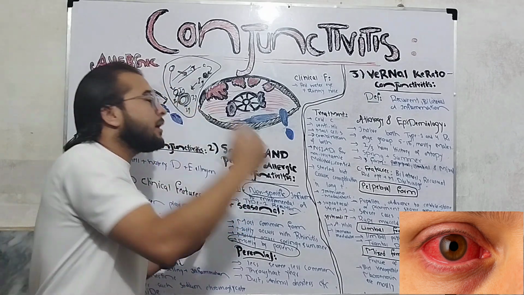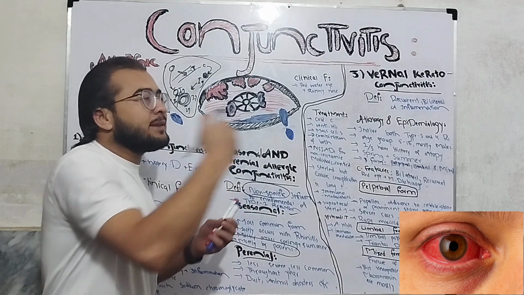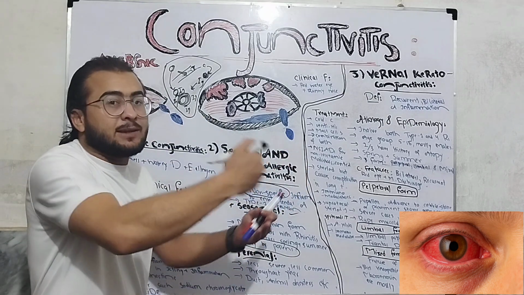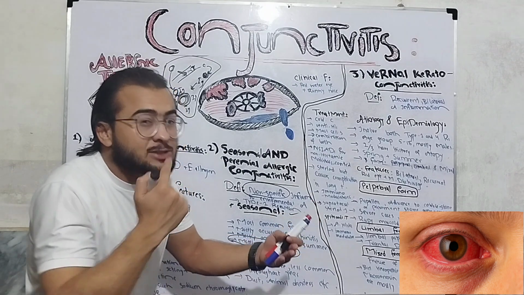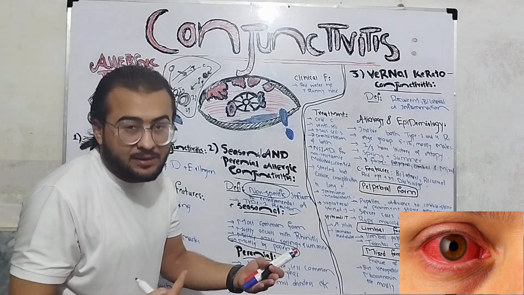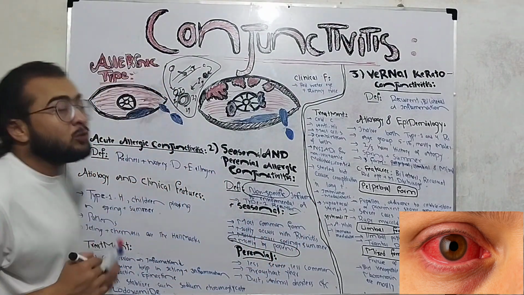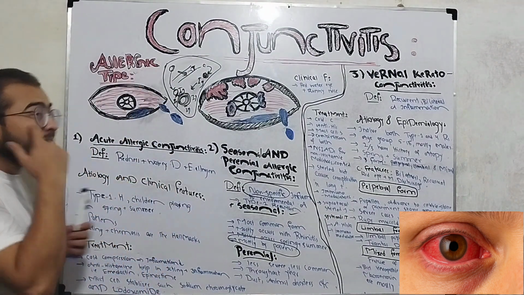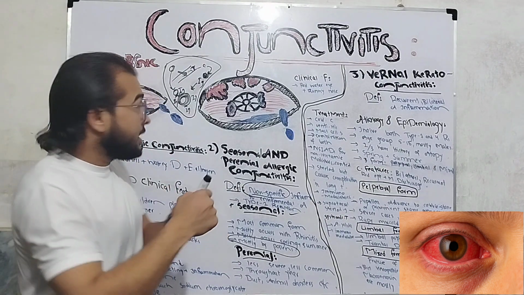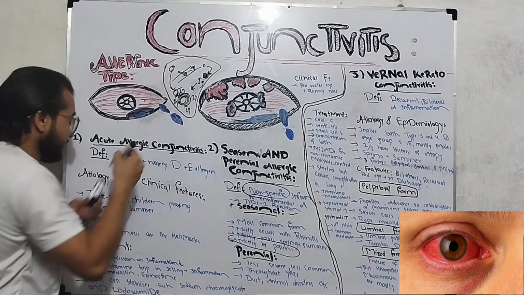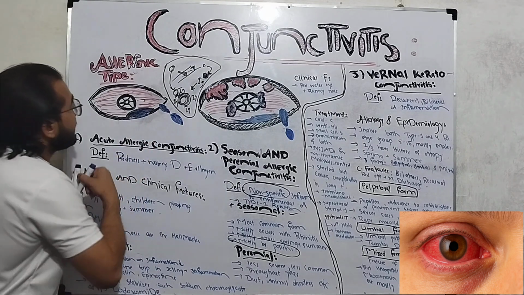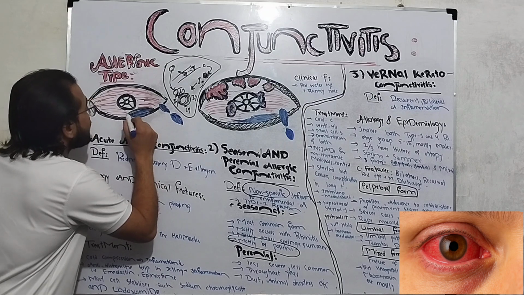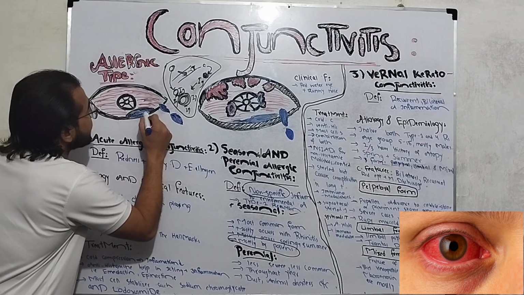So when a child or young adult is playing and presents to you in the spring with redness of eye, watery discharge and itching, it is most probably acute allergic conjunctivitis. Remember the itching and the chemosis. Chemosis is when there is inflammation, the inflammation will also cause edema of the conjunctiva. So the conjunctiva will be edematous, like in this region.